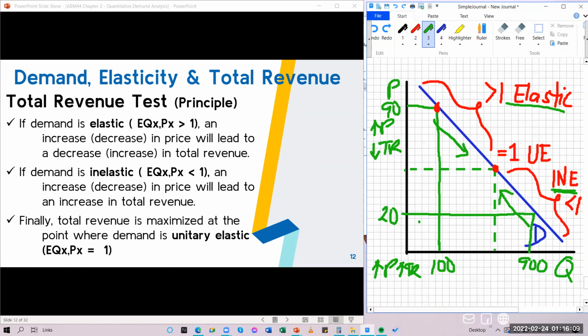That's when you'll know that there is going to be a UE, unitary elasticity, which is good as an equilibrium, when both your price and your quantity go to zero. So this is the total revenue test or principle.